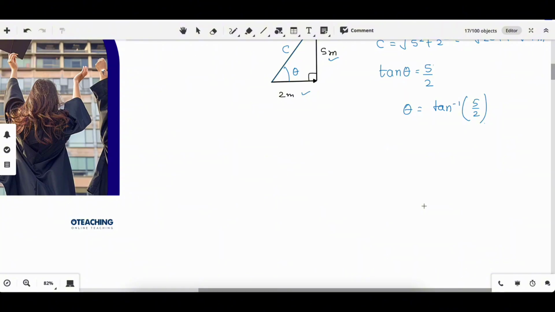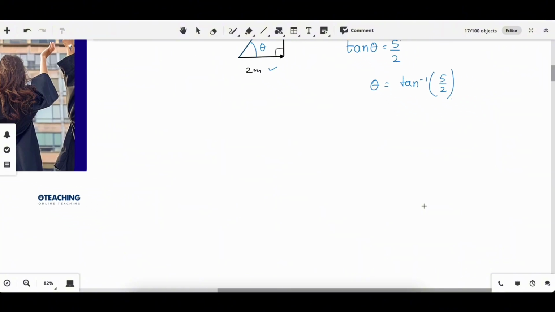This is the case where you are using trigonometry, but is it necessary to use trigonometry? No, you could use vector diagrams also. Okay, vector diagrams. I'll start talking about vector diagrams with the help of an example.